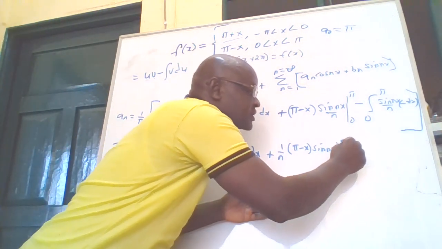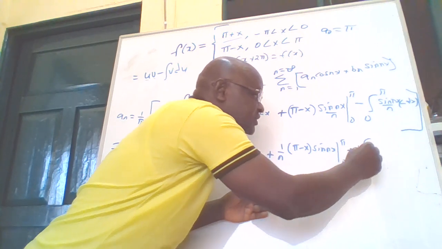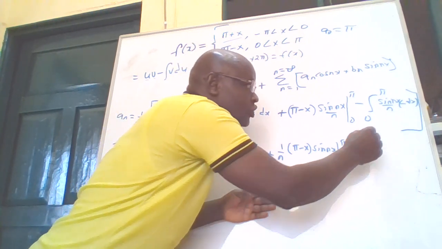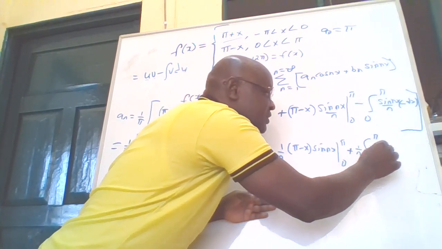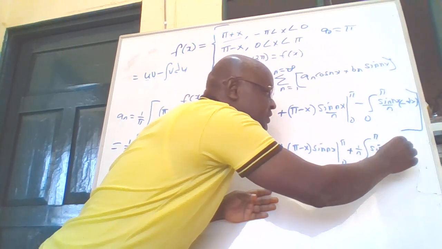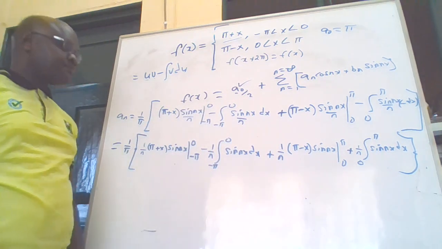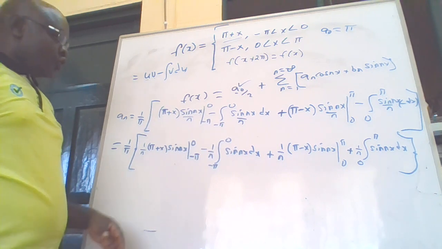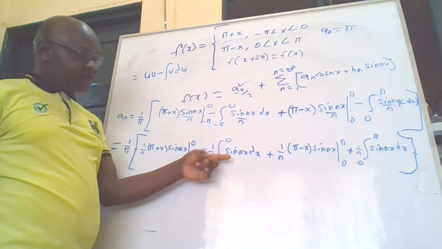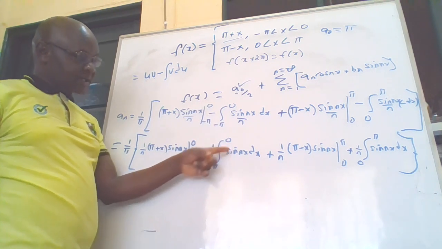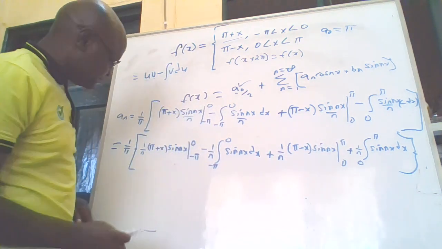Therefore, I have plus 1 all over n, the integral from 0 to pi, and then I have remained with the sine nx dx, like that. So once I have done the reorganization like that, what is remaining is for us now to integrate this and integrate that, and then move on.